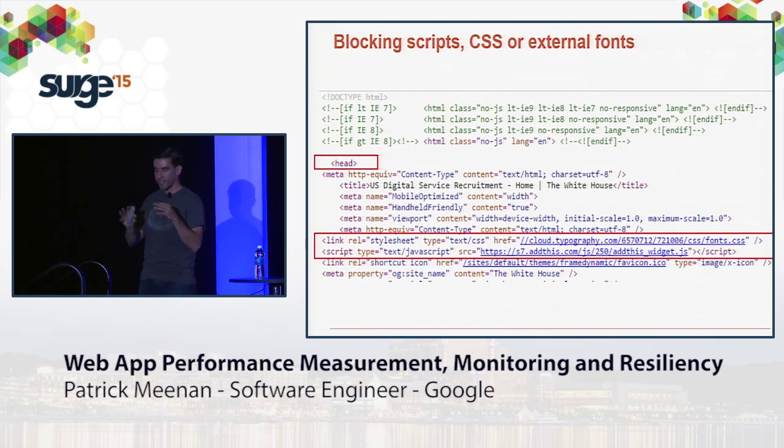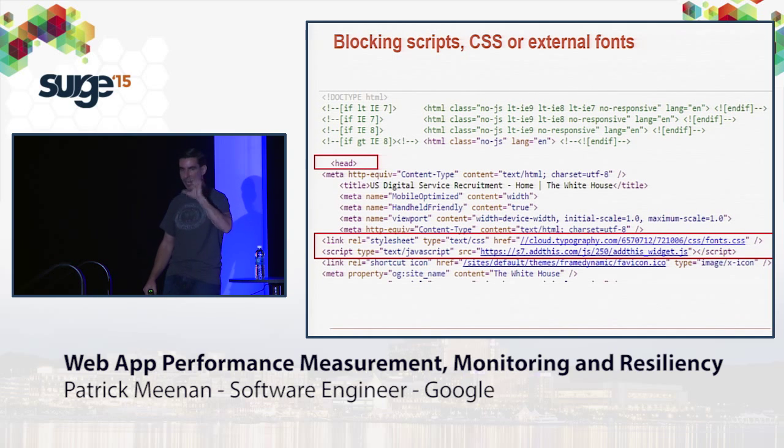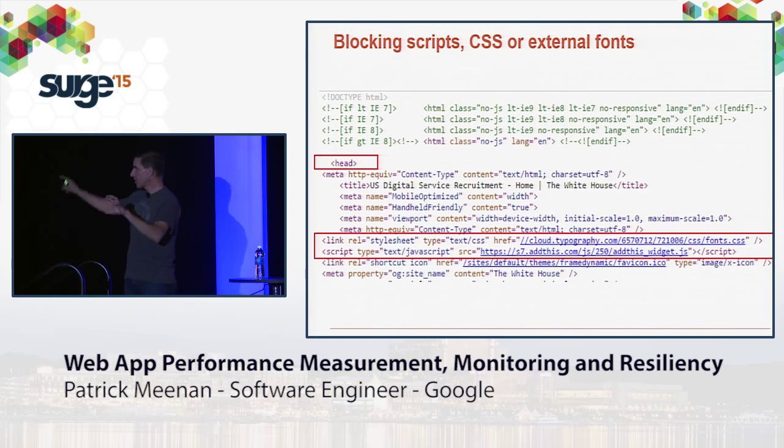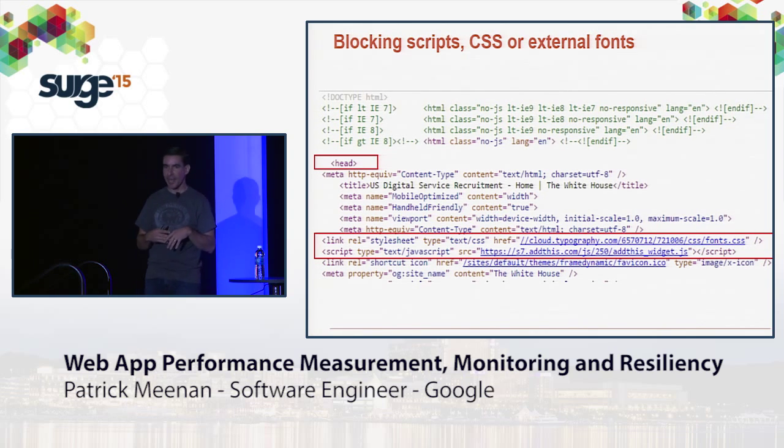We've got a whole bunch of technology in the browsers to predict what else might be needed in the document and fetch those, but what actually gets displayed to the user stops as soon as it hits that script tag. CSS, technically the browser can parse past that, but it can't display anything to the user until that CSS has been fetched and applied. So those are the two big likely offenders.